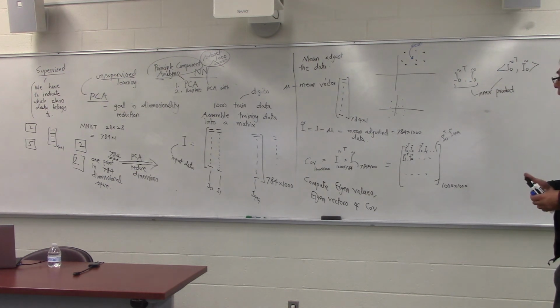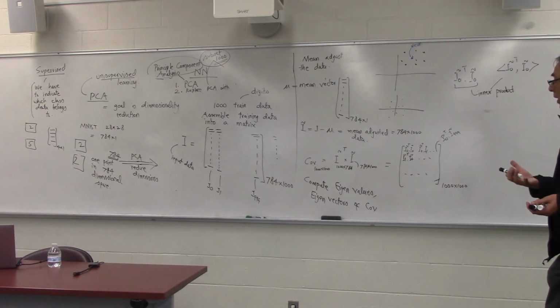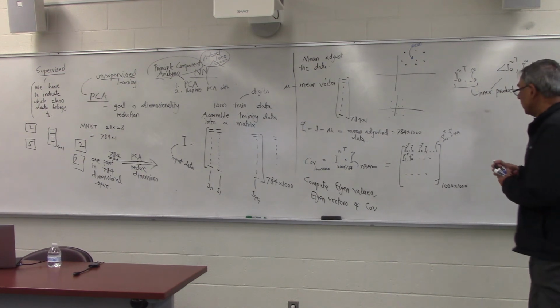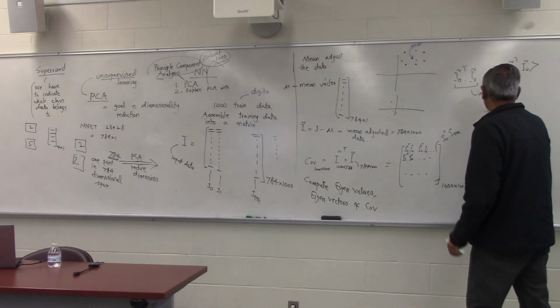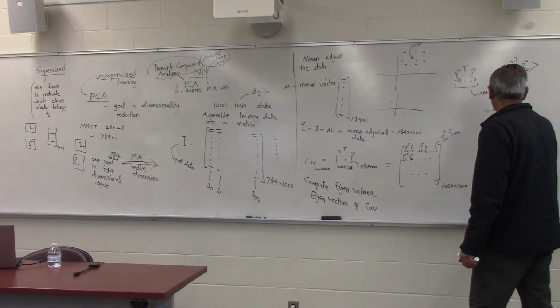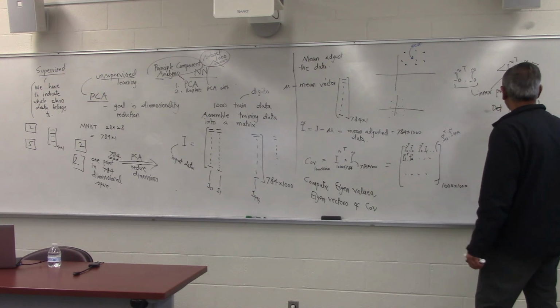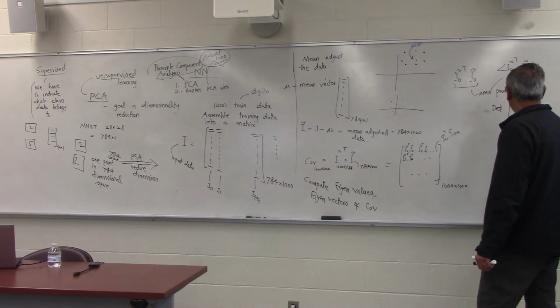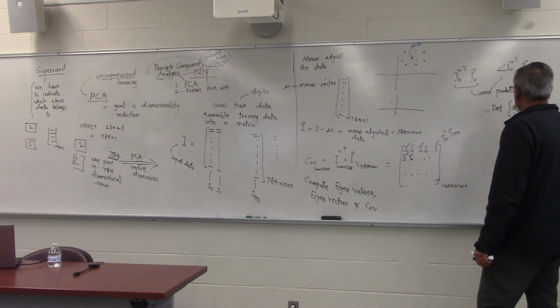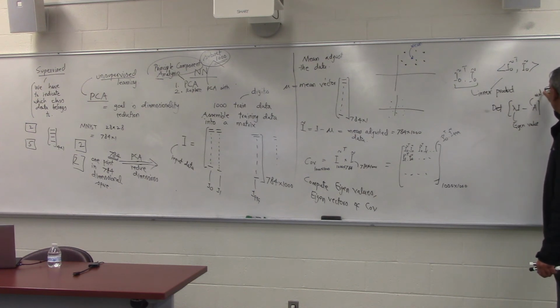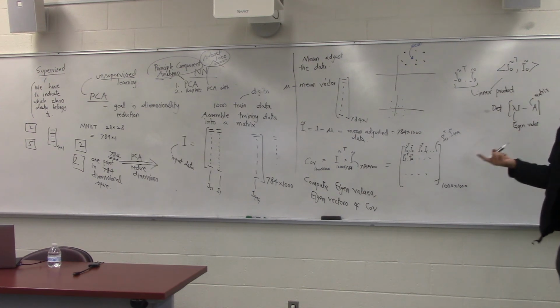But let me give you a general idea. The eigenvalue is computed as the determinant of lambda I minus A. I is the identity matrix, lambda is what we call the eigenvalue, and A is the matrix that we are trying to compute the eigenvalues for. Anyway, there's a standard procedure, you can review it and figure that out.